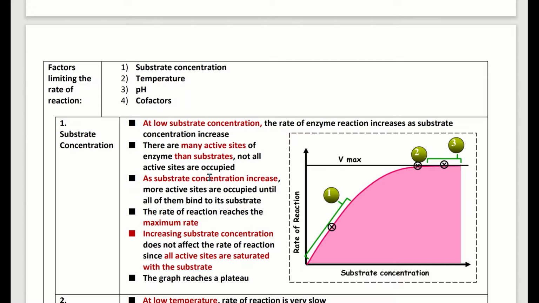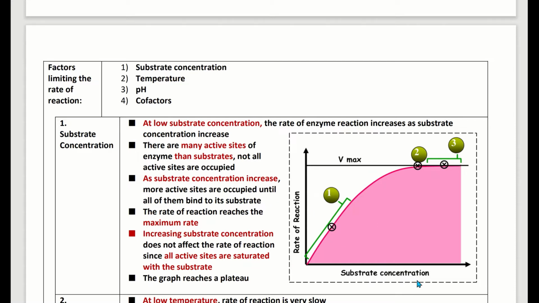Okay, as substrate concentration increase, more active site are occupied until all of them bind to its substrate. So bila semua active site, semua enzyme dah dipenuhi dengan substrate, okay, itu kita dah sampai maximum rate of reaction.